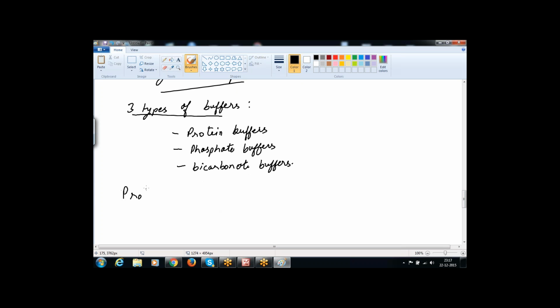Firstly, talking about protein buffers, these are intracellular buffers. That means they function within the cell.